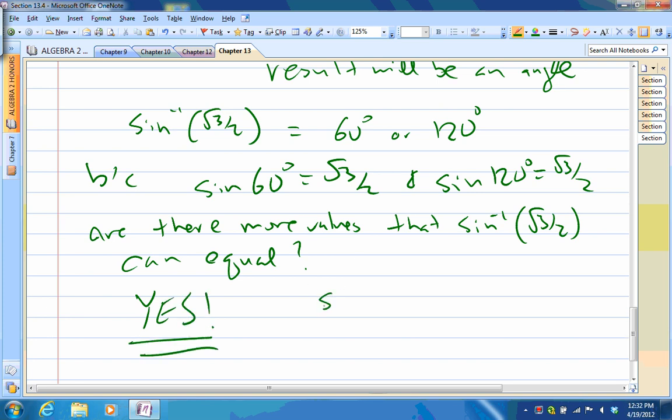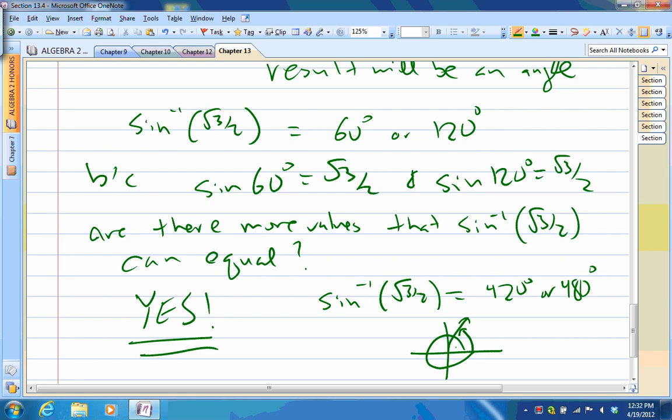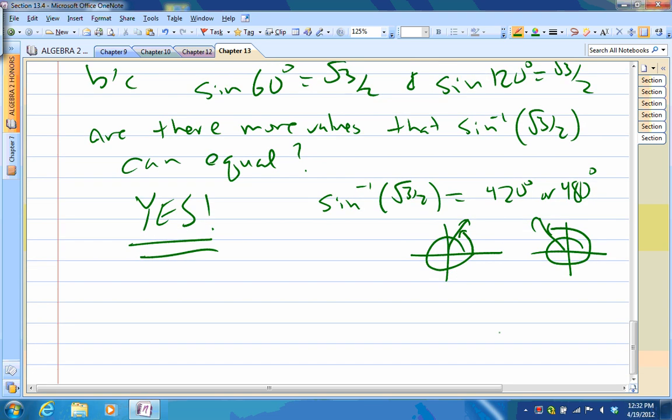For example, inverse sine root 3 over 2 can also equal 420 degrees or 480 degrees. Because if you go around once, that's 360, and go around 60 more degrees, you get back to the same place at 60 degrees. Or you do that and get the same thing. So there actually are infinite values. There are infinite possibilities.